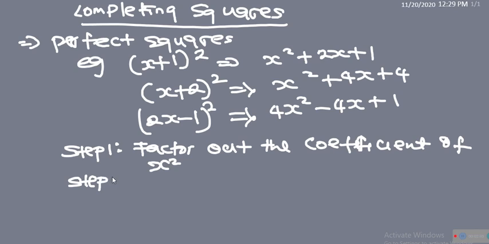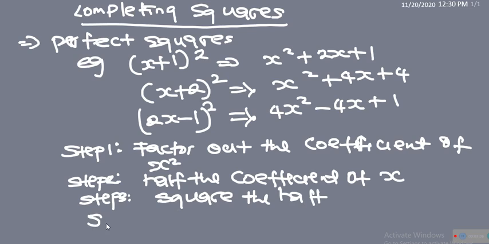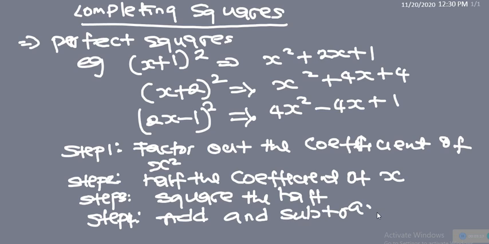Step 2 is to take the coefficient of x and halve it, and step 3 is to square the half, and step 4 is to add and subtract the square.